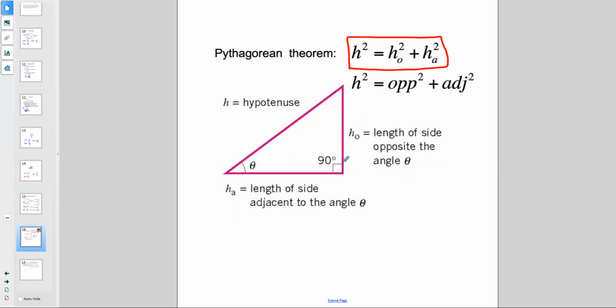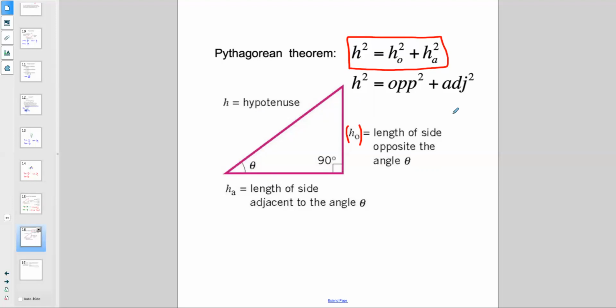The opposite side is HO. If you have this to the power of 2, and you have the adjacent side, and you make that to the power of 2 as well. So you multiply it by itself, HA times HA, or HA to the power of 2. And if you add them up, you'll get the hypotenuse to the power of 2.